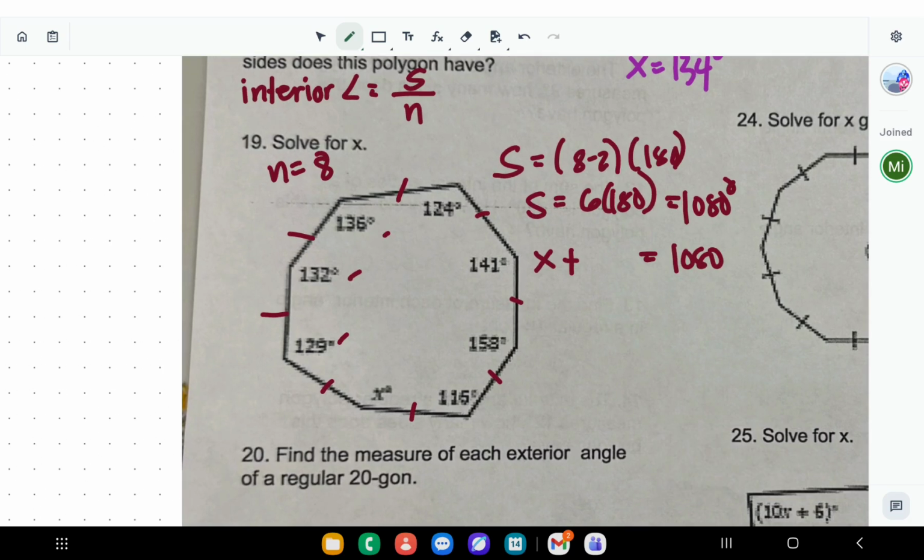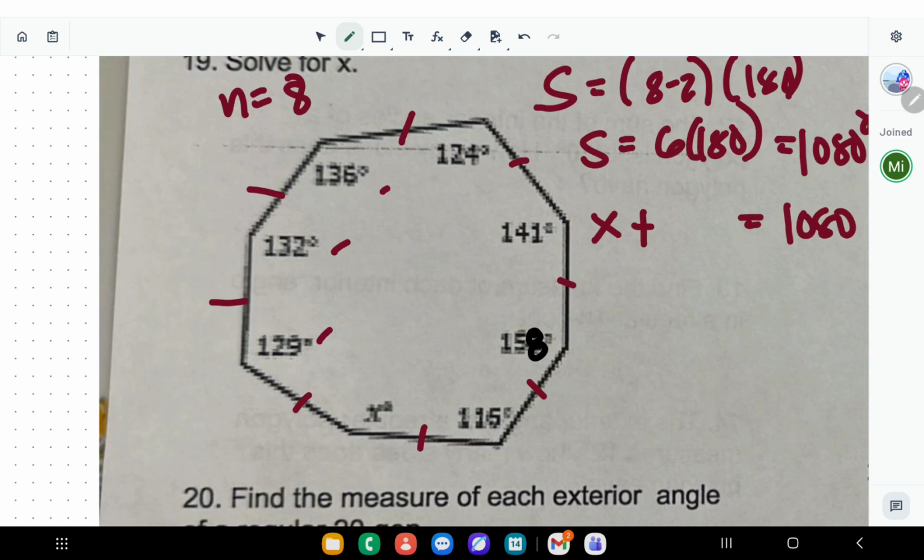Maybe 129, 136, 124, 141, 158, 116. I got 937. Okay, let me clarify. So this is 136, right? This is 115. This is 158. Okay, we get the sum of that. I got 935. What did you get?